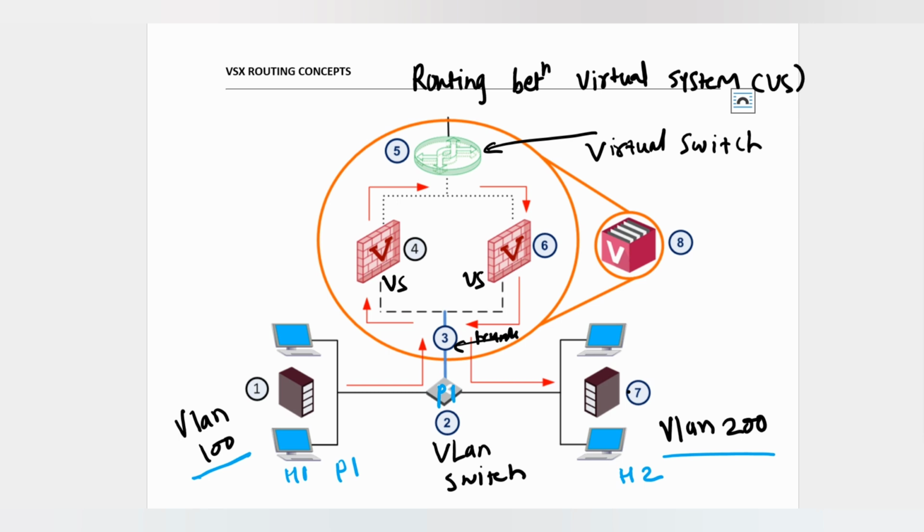As per the switching functionality, the tag gets inserted with the packet and it's sent to the VSX gateway by the VLAN trunk. So now the packet P1 is at the VSX gateway.